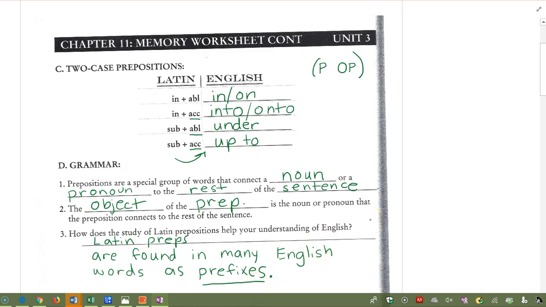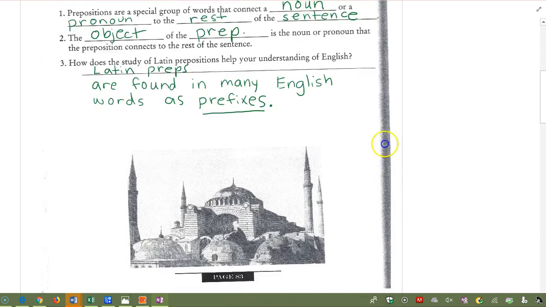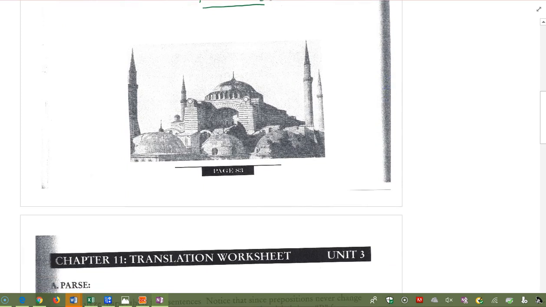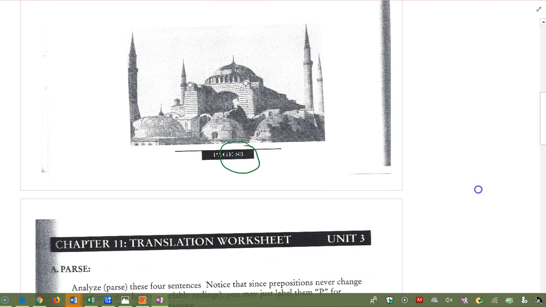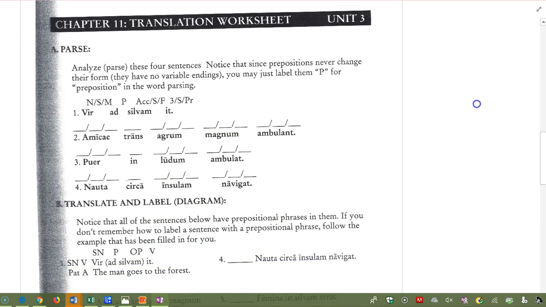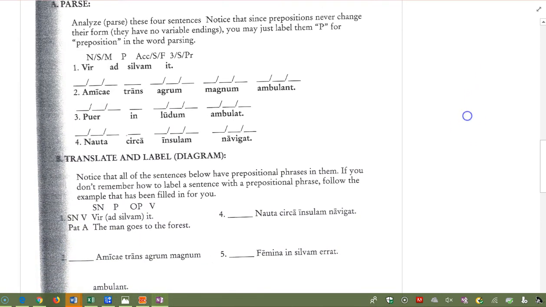Now let's move on. You have done this chapter, page 83. There it is. Now 84, I'm going to set you up and set you off to work. Well, maybe not. We haven't parsed for a while, so I think I'm going to keep you with me for a moment and then set you off to work. We're going to parse our words.